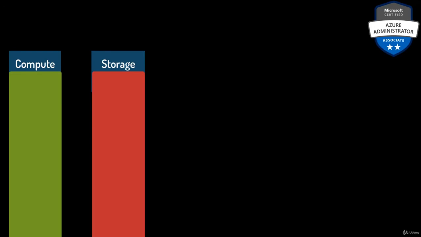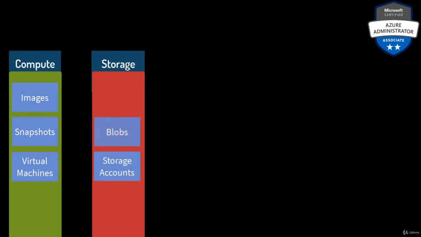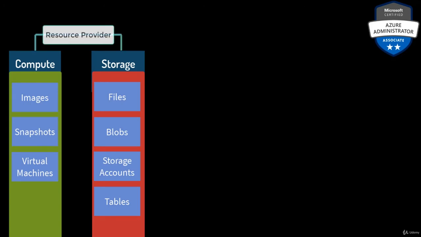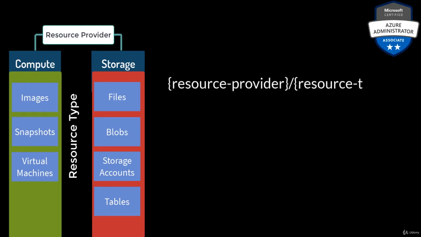For example, compute has to offer images, snapshots, virtual machines, and storage has to offer storage accounts, blobs, files, tables, etc. Now, remember that the top category in this case is called a resource provider, and its subcategories are called resource types. Each resource provider offers a set of resources and operations for working with an Azure service.